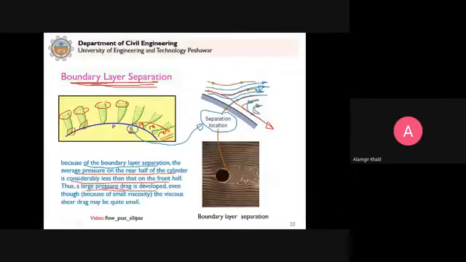The drag force will increase on the body. So now this is the concept of boundary layer separation, that is, what boundary layer separation is. Next we will study the mechanics behind this boundary layer separation, and then we will study how we can avoid or minimize this boundary layer separation in order to reduce the drag force on the body.